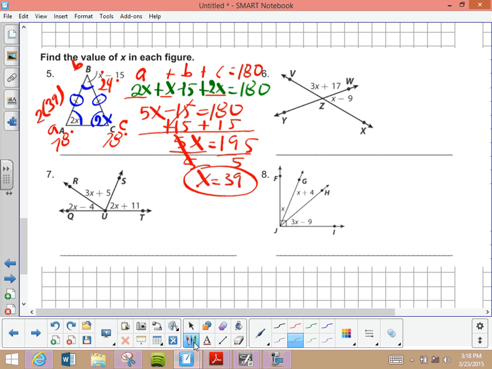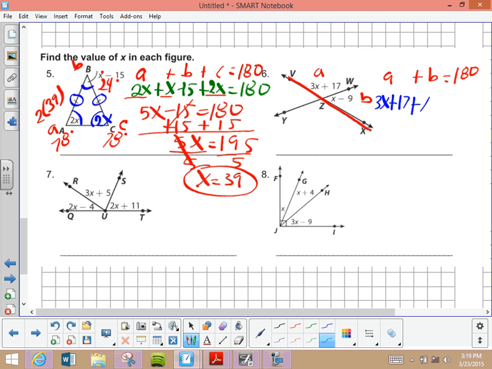What would it be equal to if I use the same idea? If this is A and this is B, what does it have to equal? Why 360? We're just looking at those two. 180, right? So we'll say A plus B, because I only have two angles, equals 180. What is A? 3x plus 17.